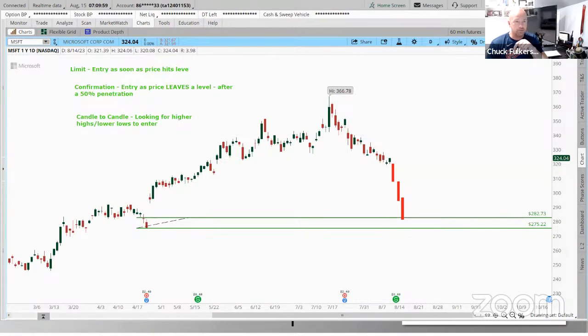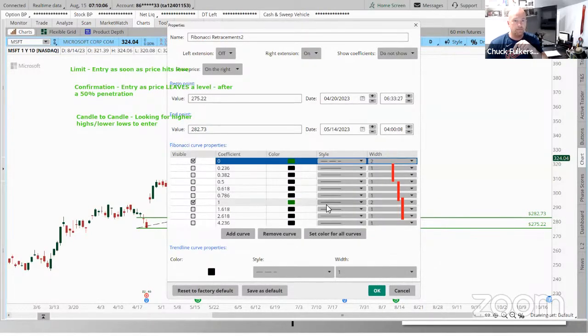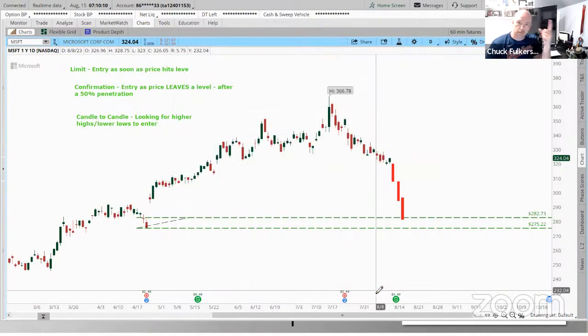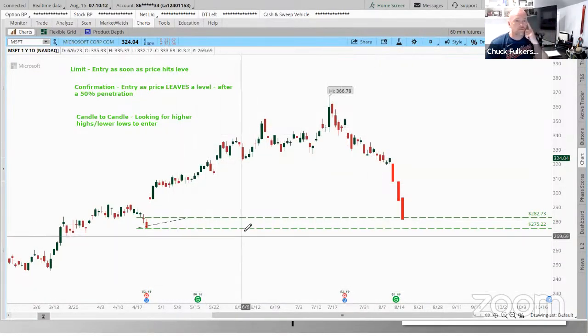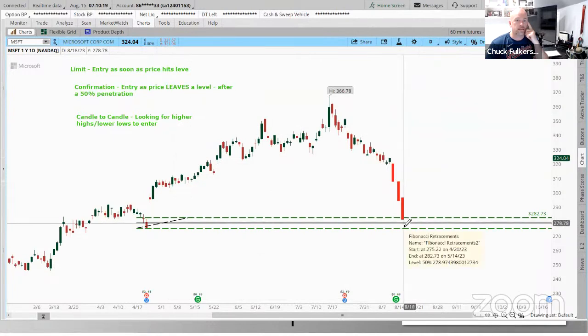So the second entry type is confirmation. And the way that I illustrate that something is a confirmation entry is that I put the lines with dashes. That reminds me that it's a confirmation entry. And so when I have a confirmation entry, what I need is for price to touch 50% of the way into the level.